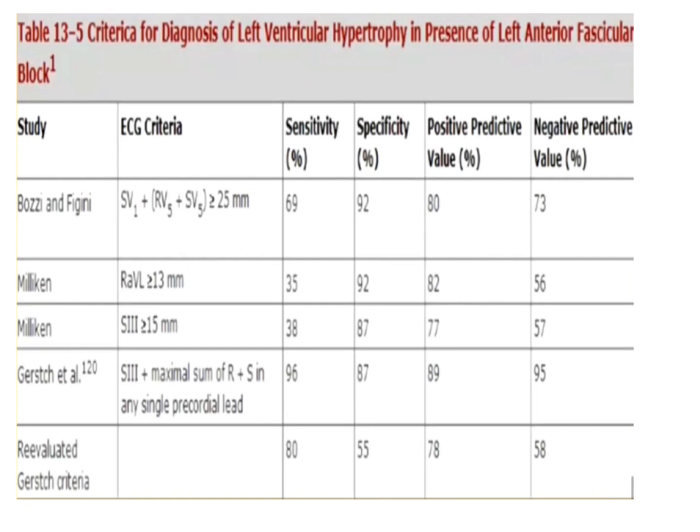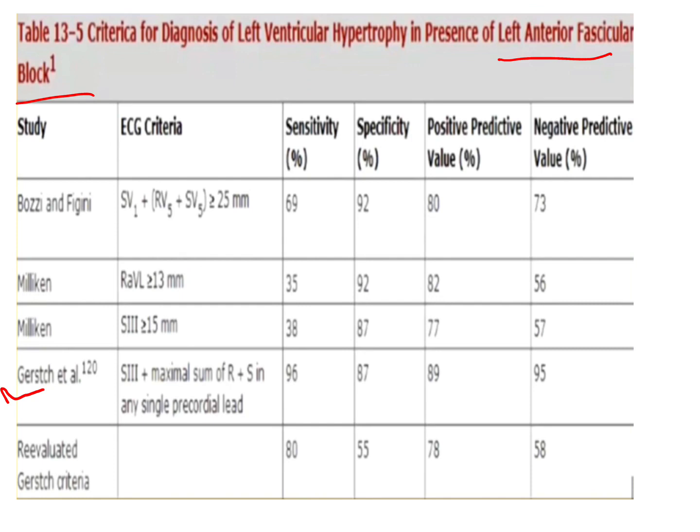Similarly, we have criteria for diagnosis of left ventricular hypertrophy in the presence of left anterior fascicular block. But before diagnosing LVH, you should be able to diagnose left anterior fascicular block. This again I will discuss in my subsequent blogs.